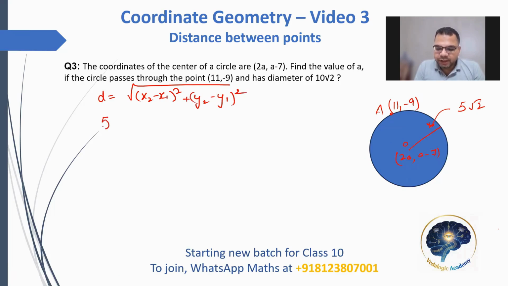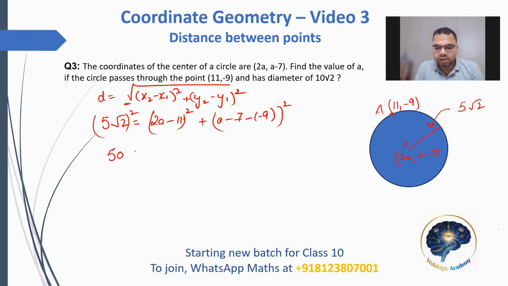So D here is 5 root 2, which is the radius. X2 is 2a minus 11 whole square plus a minus 7 minus of minus 9 whole square. And if I want to remove the square root, I'll square this d as well. So 5 5 is 25, 25 twos are 50. So it will become 50.